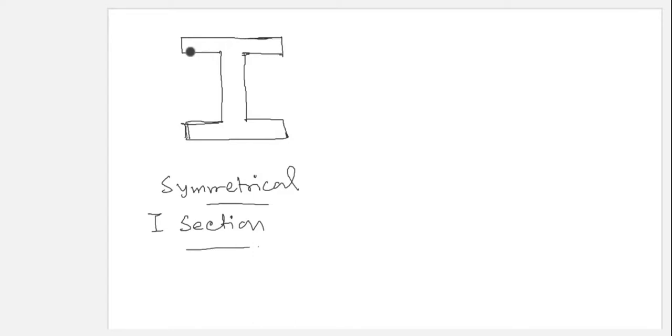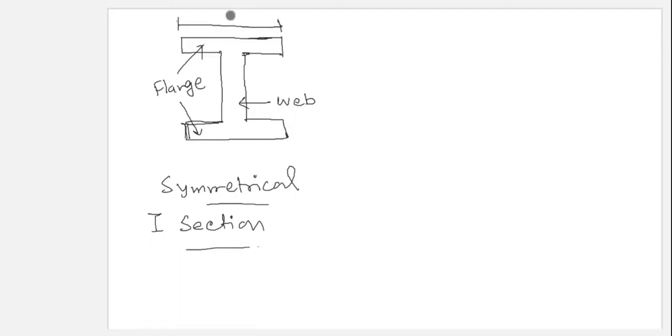The upper part is called the top flange, this is the bottom flange, but in a way we can denote it as flange, and this portion is known as web. The flanges are the horizontal top and bottom portions, and in between is the web.